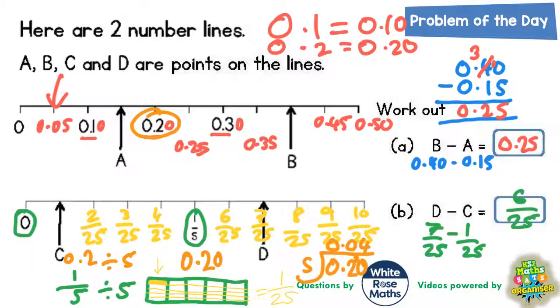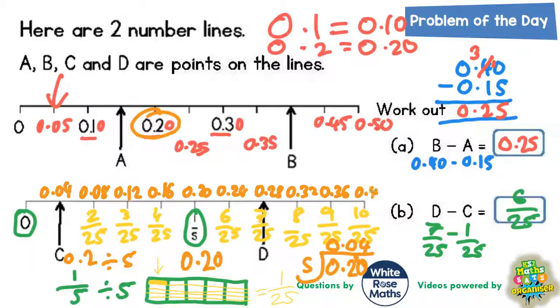So we could have written above C 0.04. The next one would be 0.08, 0.12, 0.16, 0.20, 0.24, 0.28, 0.32, 0.36, and 0.40.